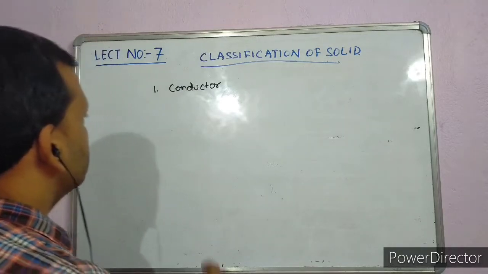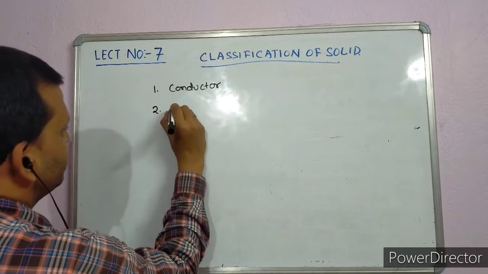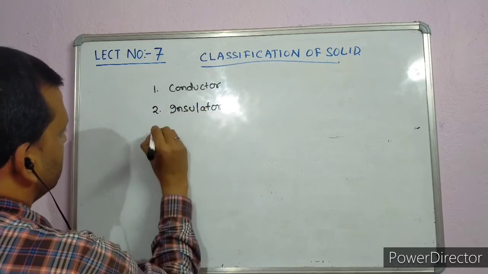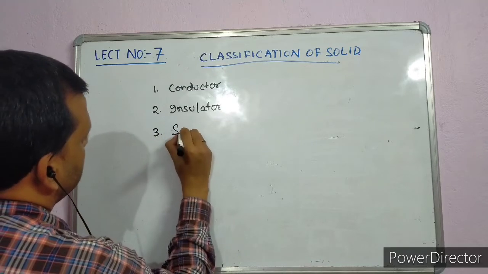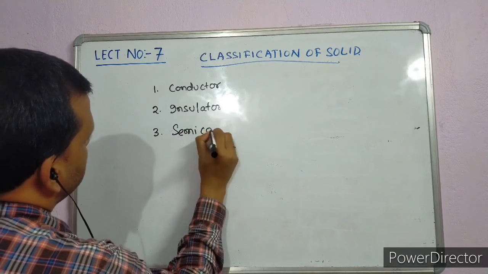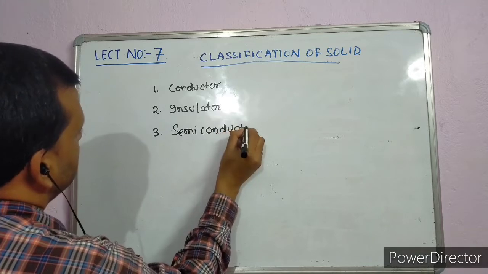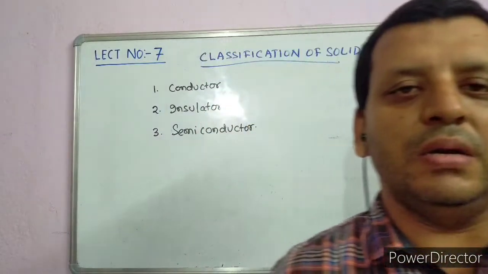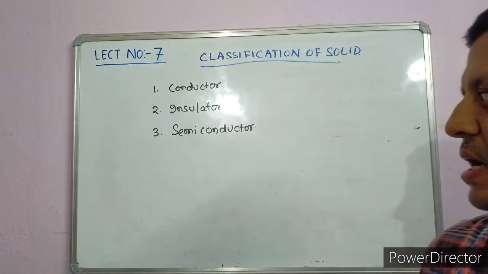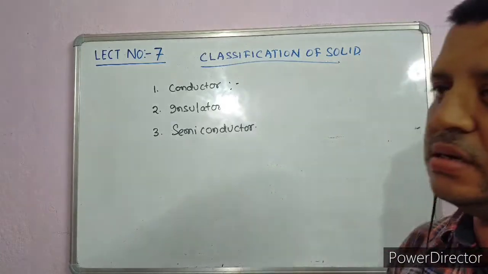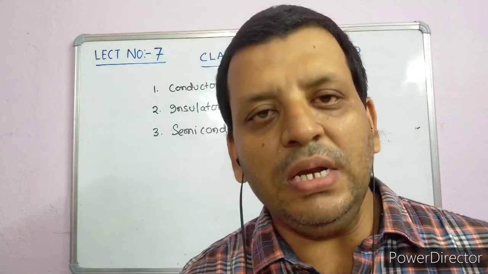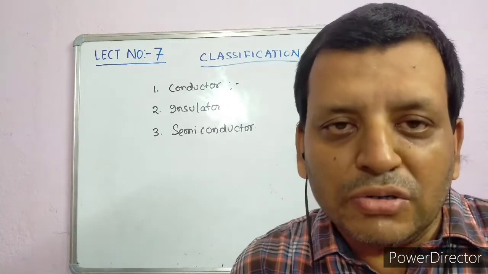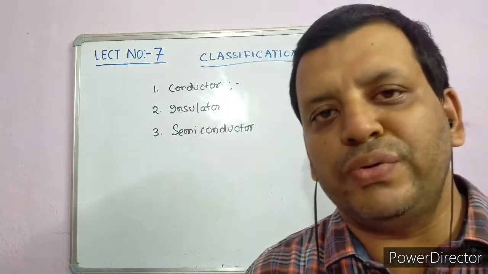conductor, insulator, semiconductor. What are conductors? A conductor is that type of solid which allows current to pass through it.